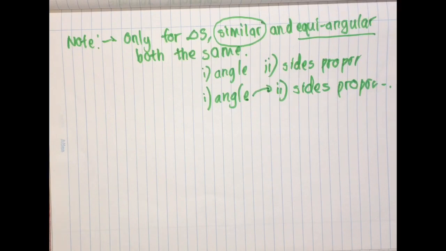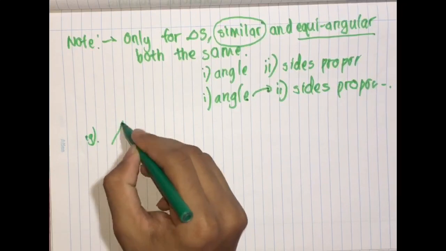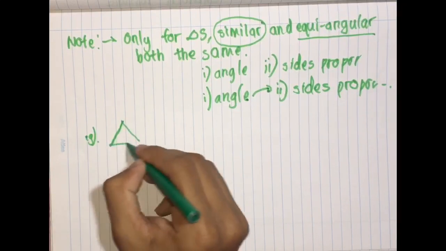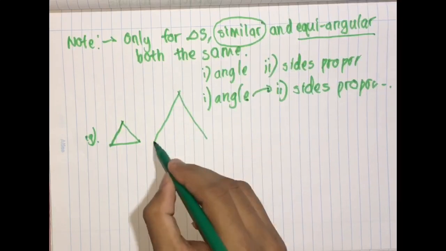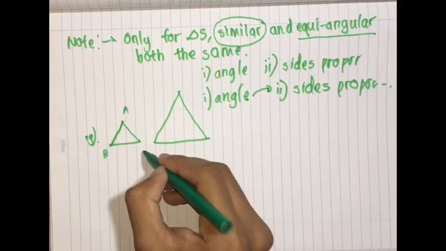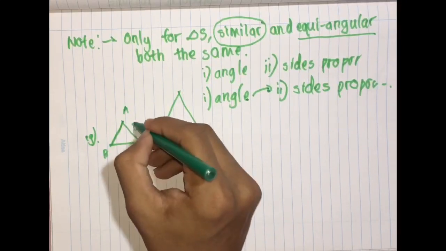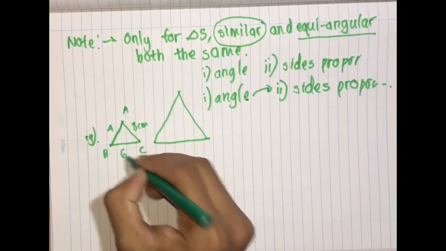Equiangular. So you have two examples. One I'll draw as a small triangle this way, and the other this way. I'll call this A, B, and C. We'll say this is 8 centimeters, this is 4 centimeters, and you have 6 here.